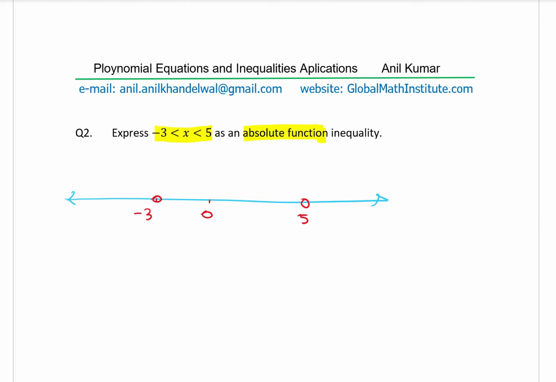We want to include this inequality, which is everything in between these two numbers, with the help of an absolute function. Now remember, whenever we're talking about absolute function, in that case, we are looking for a center value.